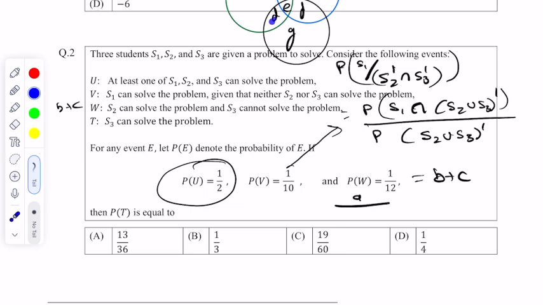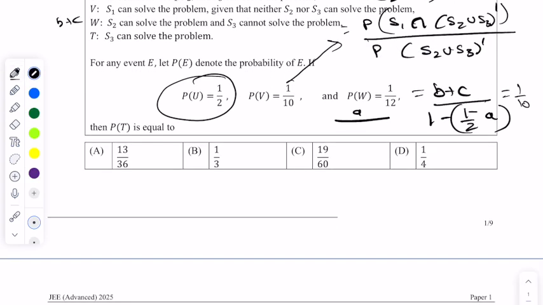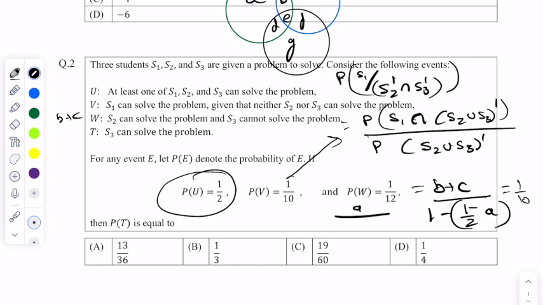So S2 union S3 will be everything except A. Now total is half. So this will be half minus A, and I will do 1 minus this. Why are we doing 1 minus this? Because it's a complement. That will be total minus this union. Now this value is given as 1 by 10. So B plus C. Okay, we have been given the value of B plus C also.